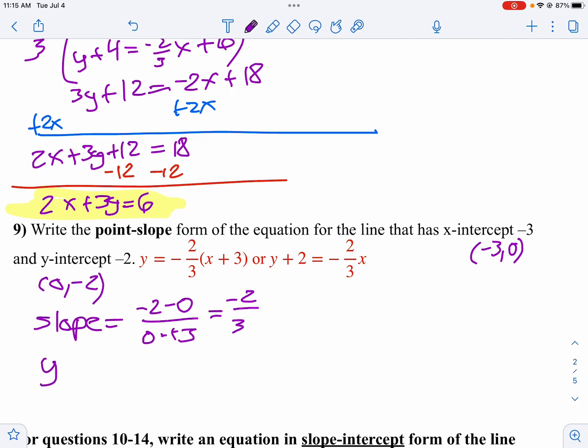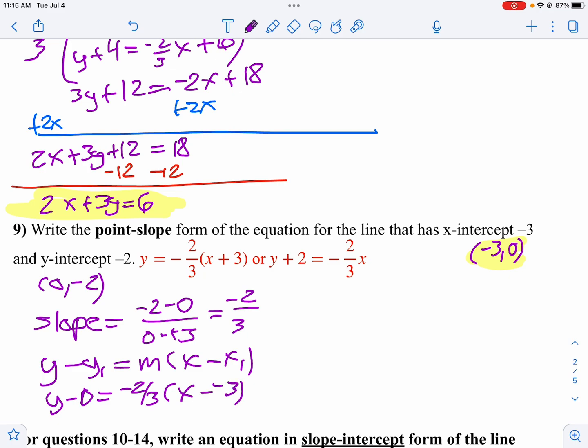Remember when I write in point-slope form, I say y minus y1 equals m times x minus x1. I think I will use the point negative 3, 0. So I'm going to say y minus 0 equals my slope, which is negative 2/3, times x minus a negative 3.